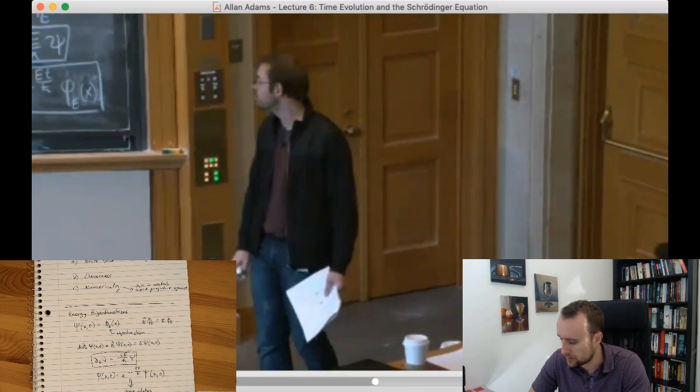So what do we have here? Well, psi, as we know, should be 1 over root L, because the norm squared of that is the probability density function.